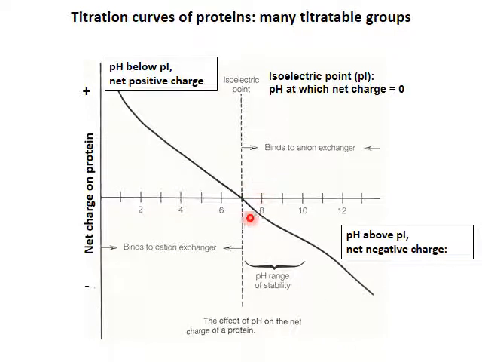But the idea here is that if you have an electrically neutral species, a zwitterionic species, that would be at this intersection here where the net charge is 0. If you lower the pH lower than the pI, you're going to favor the positively charged form of the protein.